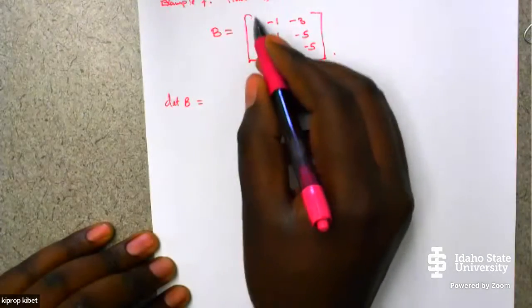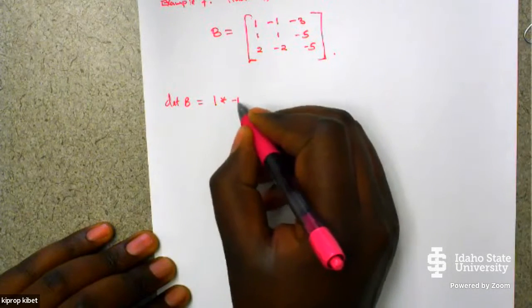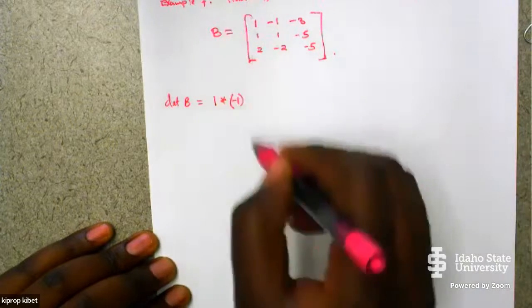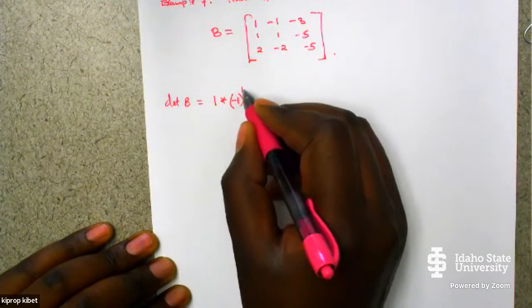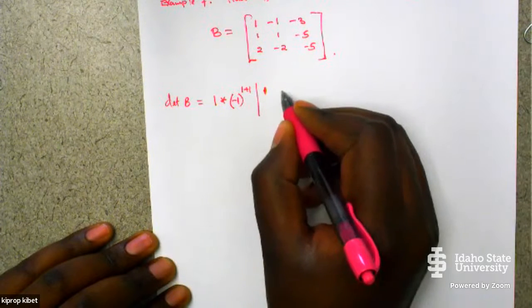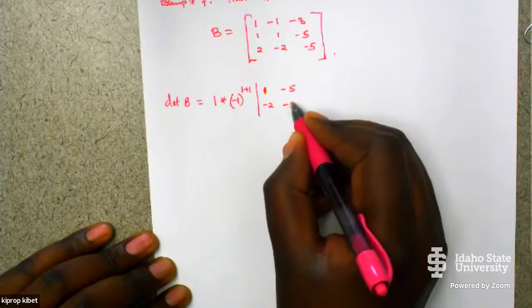If we use it along this column here, we have 1 multiplied by -1 to the power 1 plus 1, since we are deleting the first row and the first column, times the determinant of [1, -5; -2, -5].